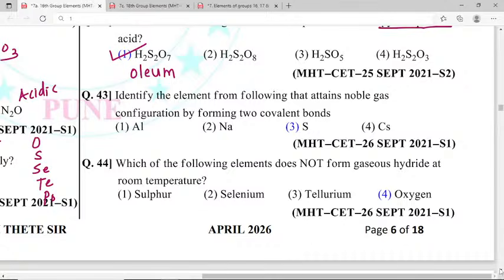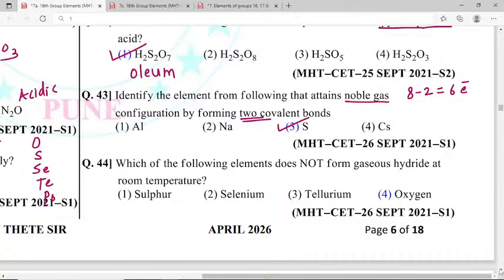Identify the element from the following that attains noble gas configuration by forming two covalent bonds. So for noble gas configuration, 8 minus 2 is equal to 6 electrons in valence shell. So 6 electrons in valence shell is sulfur, group 16 elements.